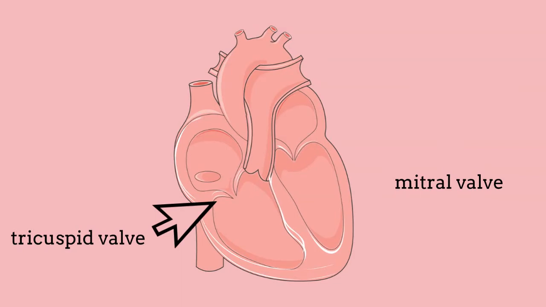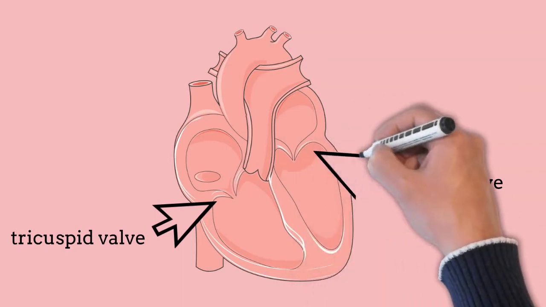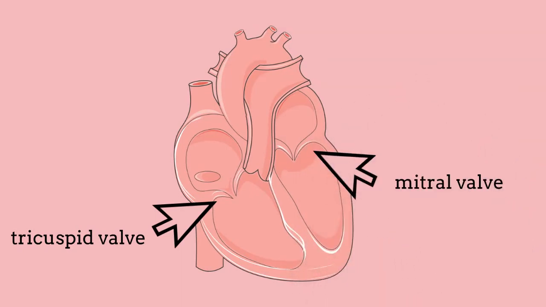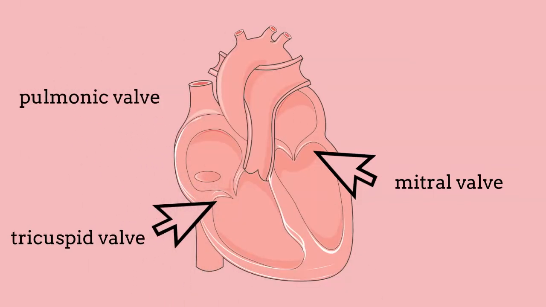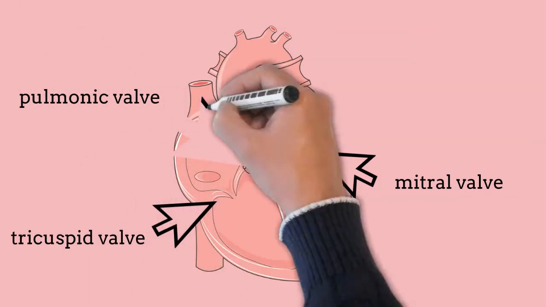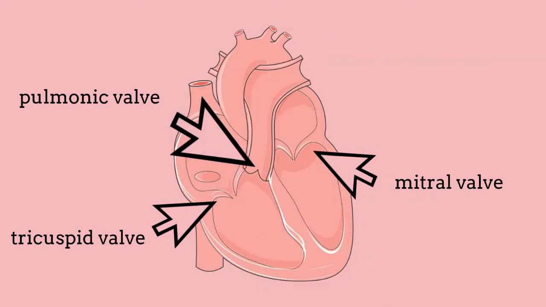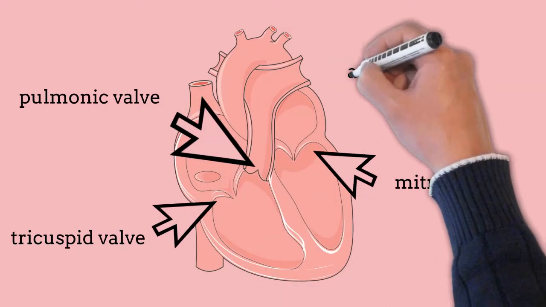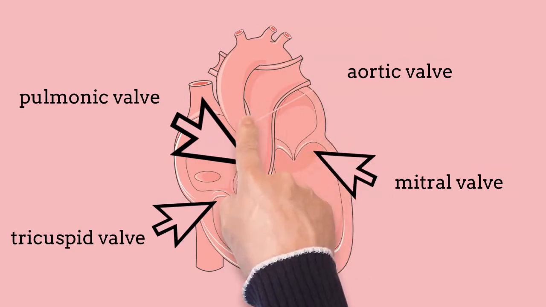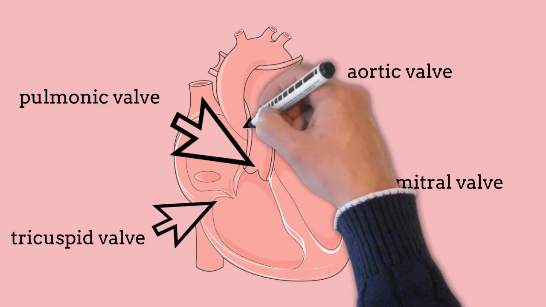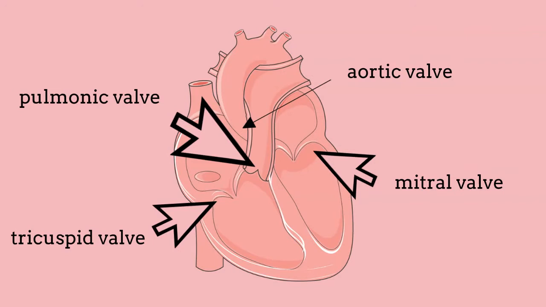Two valves also separate the ventricles from the large blood vessels that carry blood leaving the heart. The pulmonic valve is between the right ventricle and the pulmonary artery, which carries blood to the lungs. The aortic valve is between the left ventricle and the aorta, which carries blood to the body.